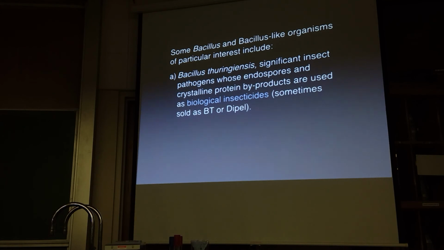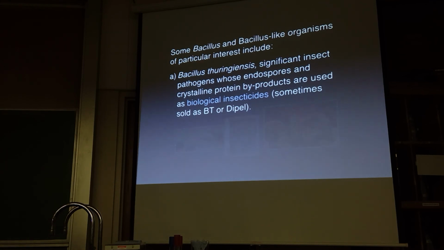So Bacillus thuringiensis, this is an important organism type, that particular species. BT stands for Bacillus thuringiensis. And if you go to a nursery, you can buy BT, another trade name is Dipel. This is Bacillus thuringiensis, and what it's used for is to kill insect pests on plants.